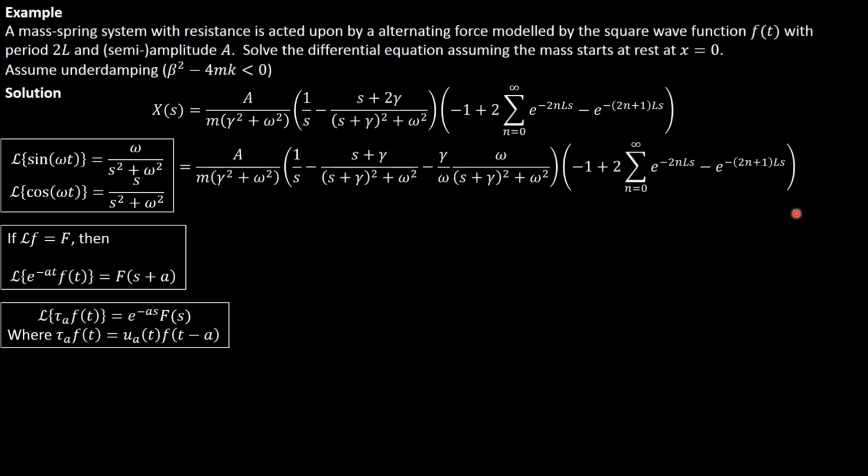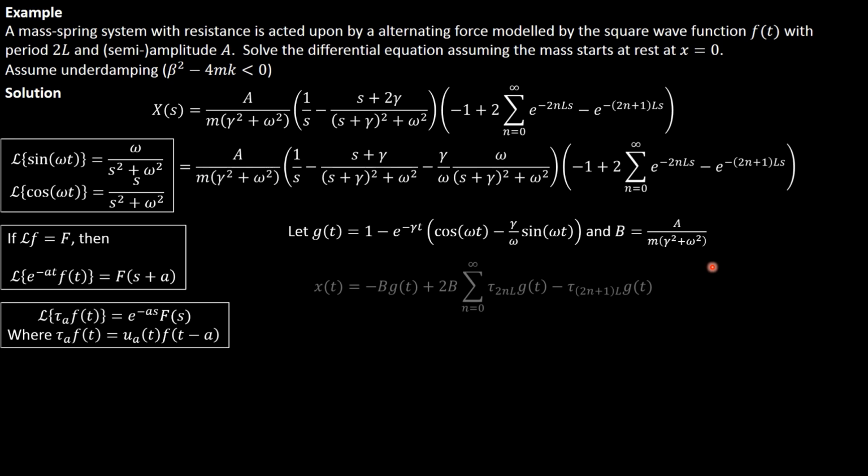And now we can take the inverse Laplace transform of this, and I called it g of t. And it's this. And I took this whole constant over here and just decided to call it b. And this whole thing, when you take the inverse Laplace transform, it simplifies down to negative b g of t. That came from this times negative 1 times b.